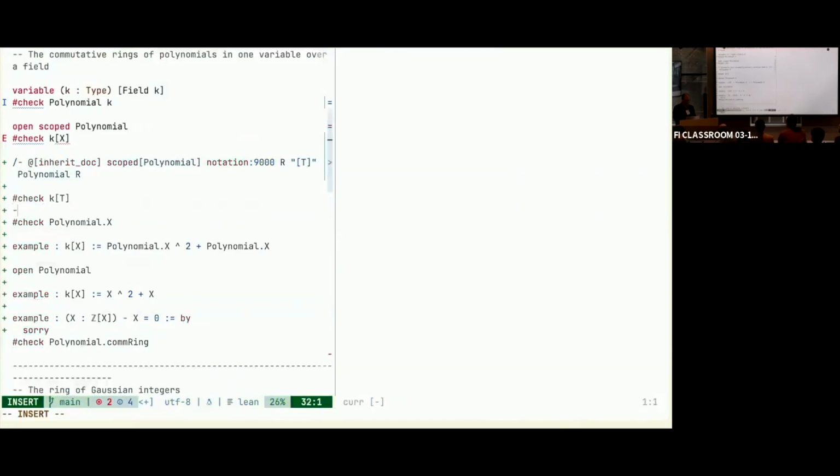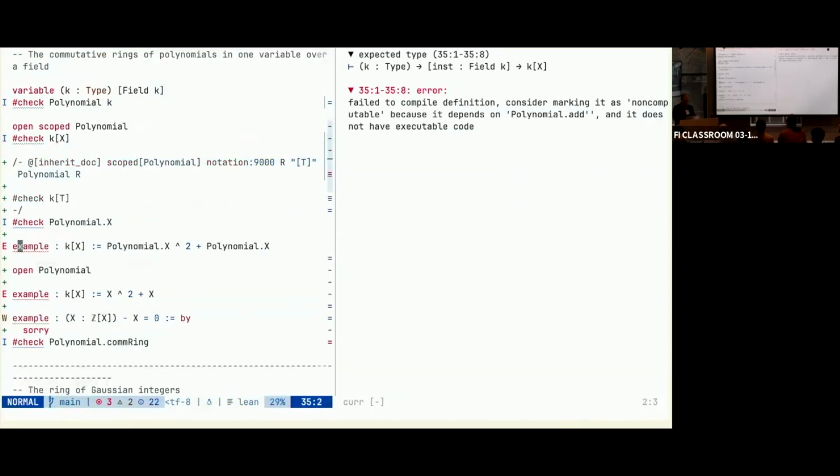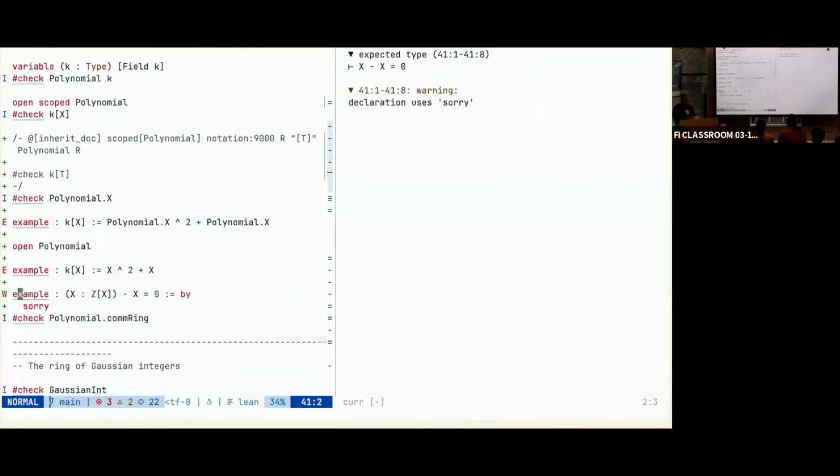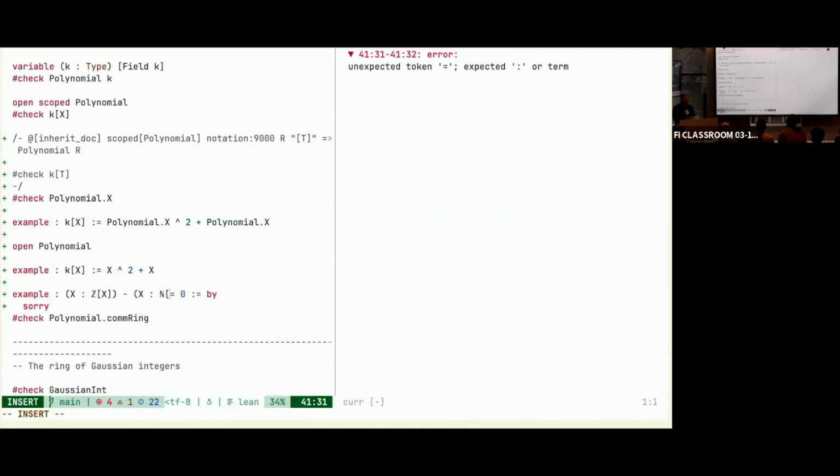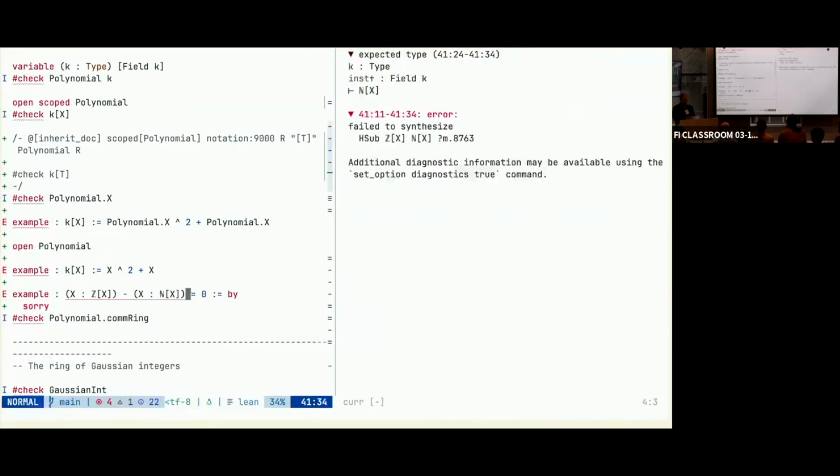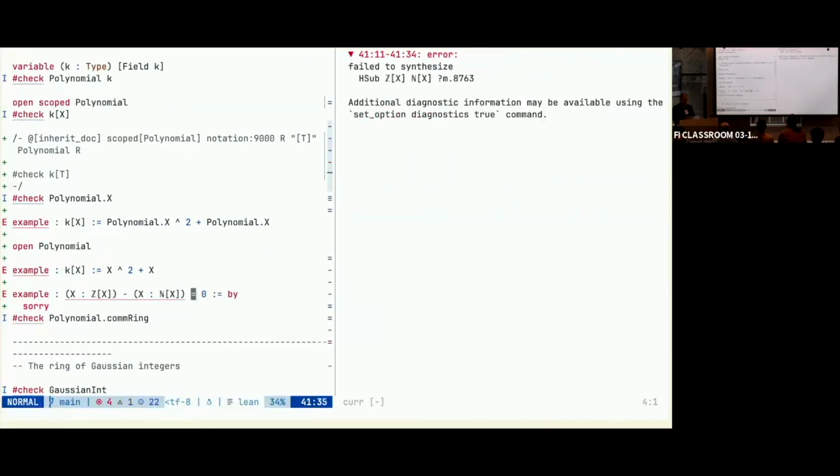So those are comments. But also I could say, I want the difference between the polynomial x in z of x and the polynomial x in n of x, and Lean cannot do that by itself.